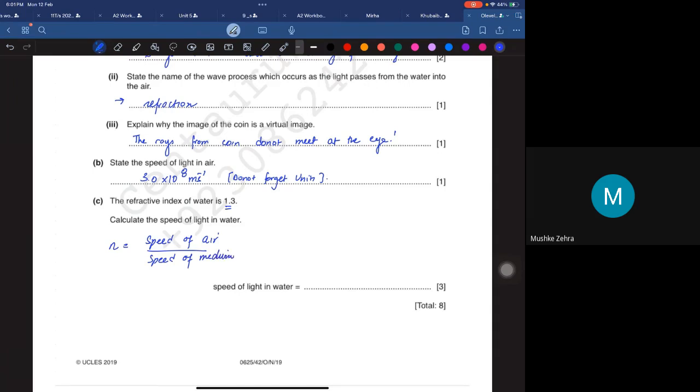Everyone must be solving quickly. 2.3 times 10 power 8. You mean you have done it like this? 3.0 times 10 power 8, like we were told, divided by 1.3, and that's going to be 2.3 times 10 power 8.